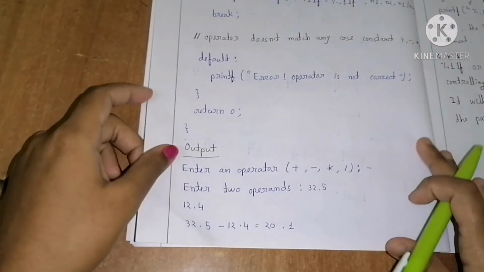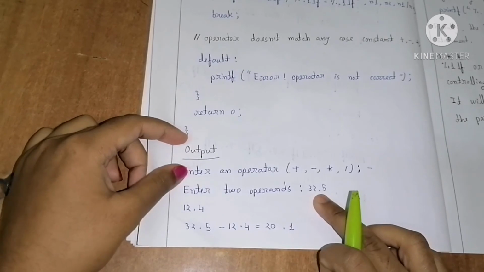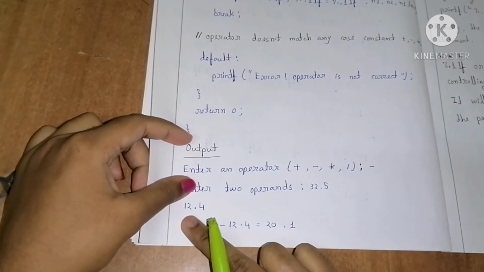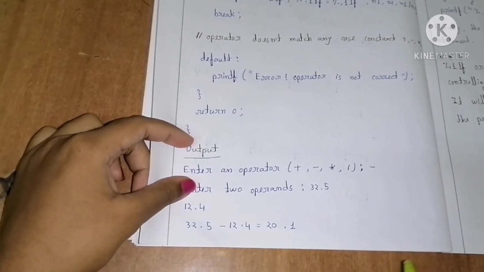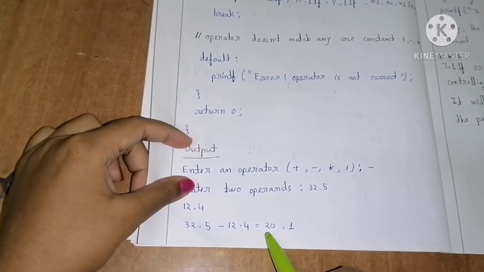We have entered here two operands 32.5 and 12.4, so the result is 20 point 1.